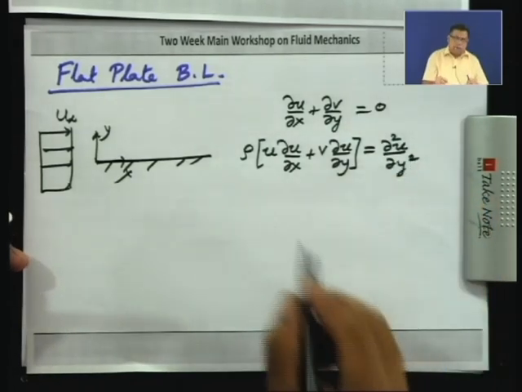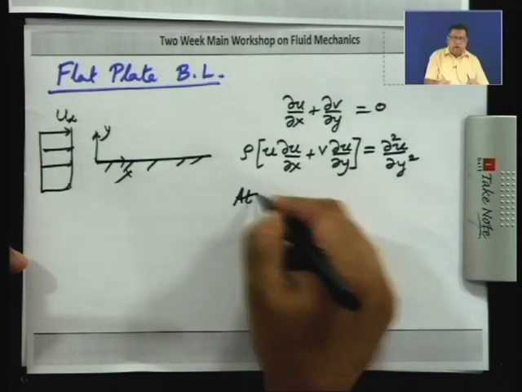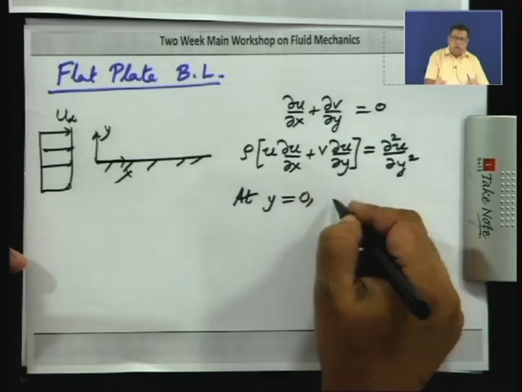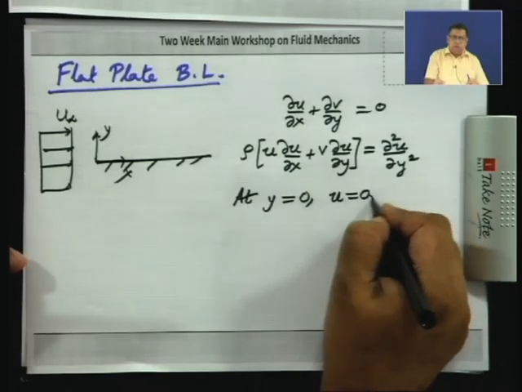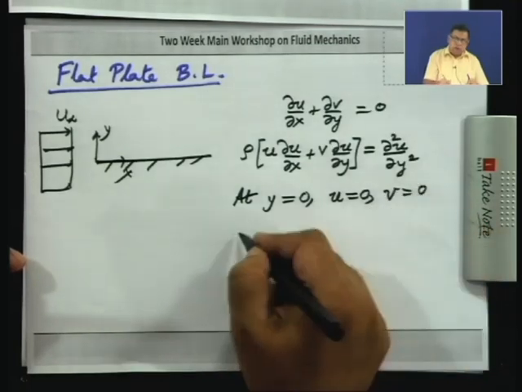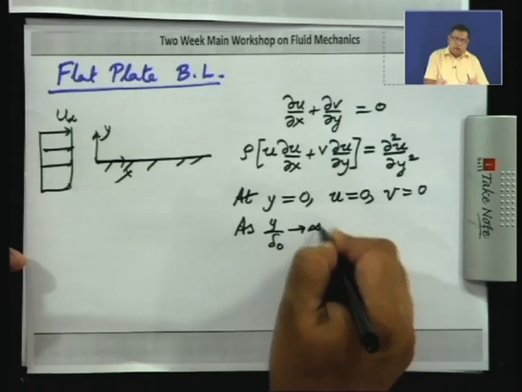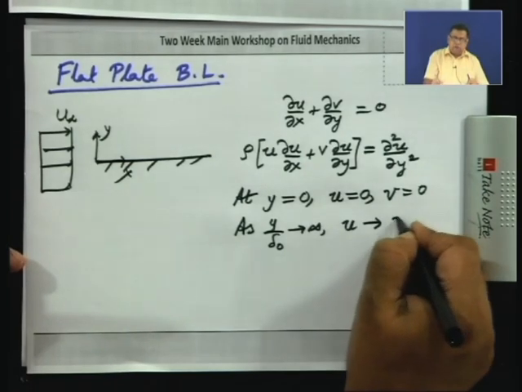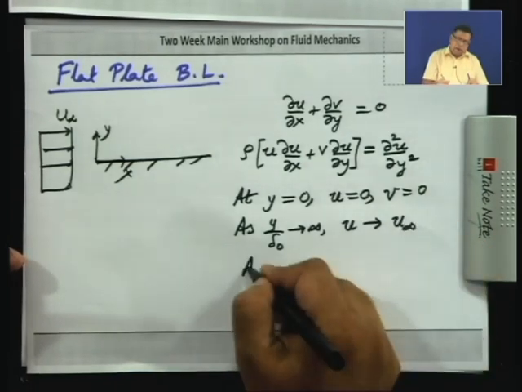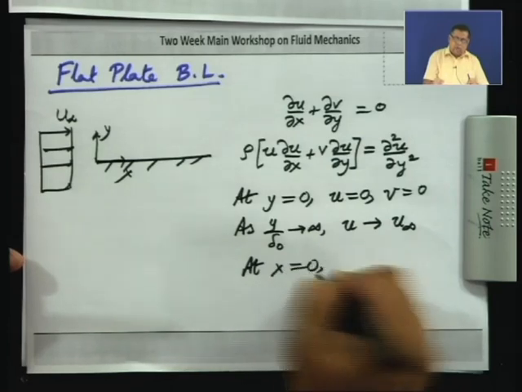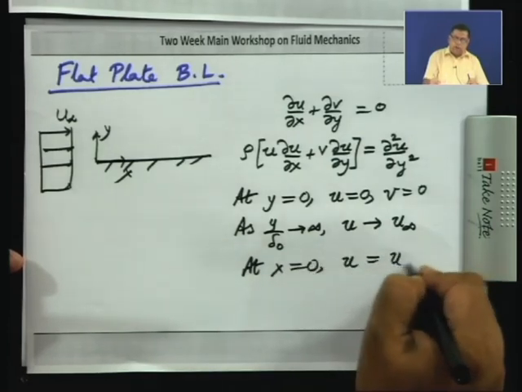The pressure gradient term is 0, and then we will solve it with boundary conditions: at y equal to 0, u equal to 0, v equal to 0; as y by δ₀ goes to infinity, u approaches u infinity; and at x equal to 0, u equal to u infinity.